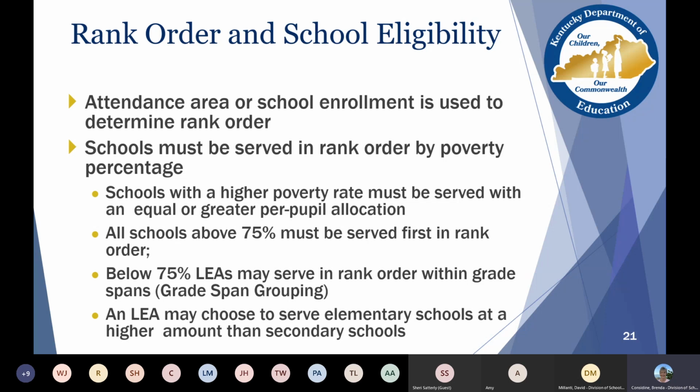If they are above 75%, they must be served first. If they are below 75%, districts may serve in rank order within a grade span, which is grade span grouping. So you may have schools that are below 75% and you want to do a grade span where all elementary would be served or eligible. So you could choose elementaries at a higher amount than you would choose your secondary schools.